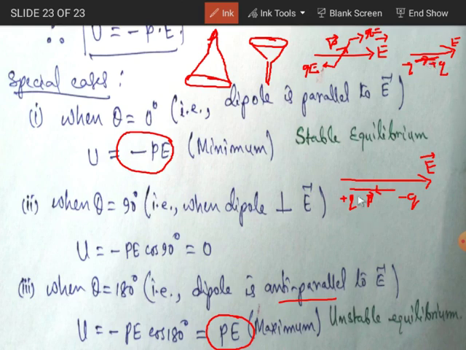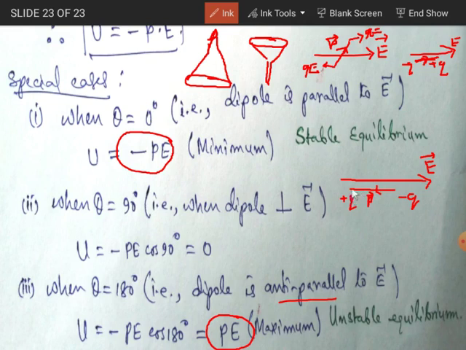But if it is in this position, 180 degrees, with dipole moment opposite to that of electric field E, the angle between them is 180 degrees. So what happens if you try to disturb this somewhere here?